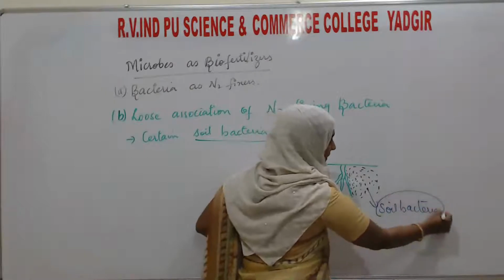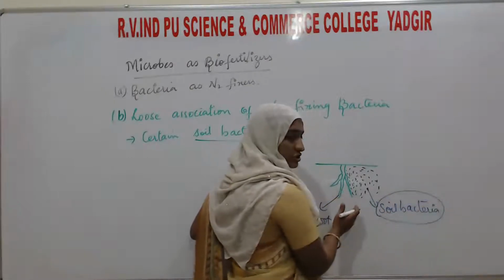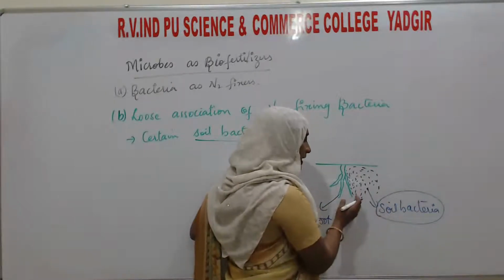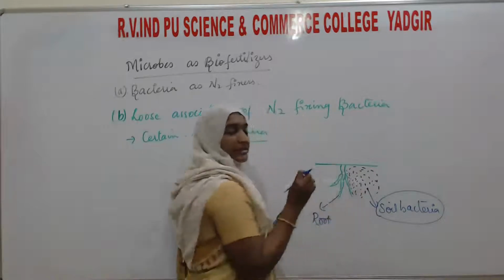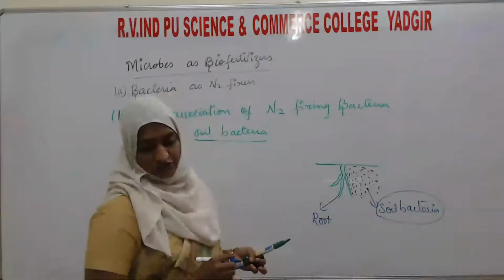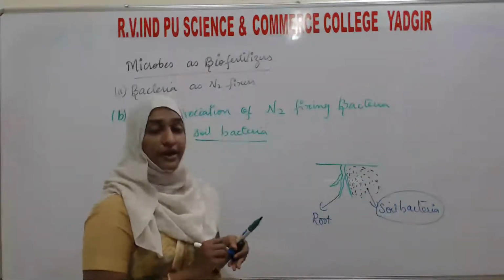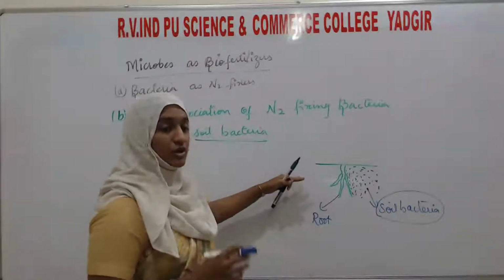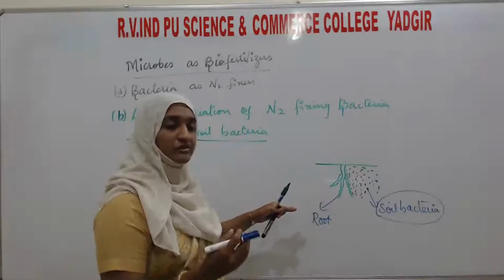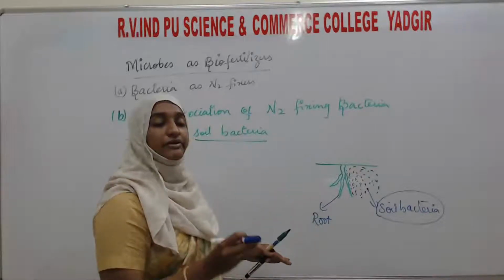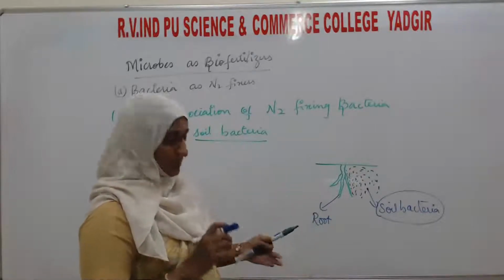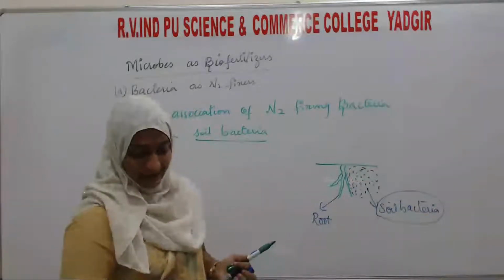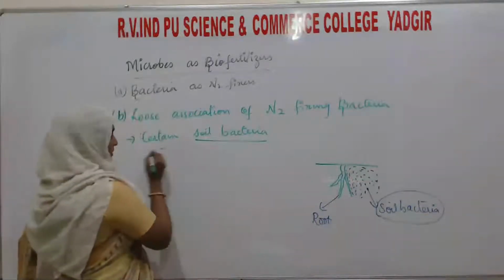The soil bacteria are in a very close association with the roots. In which type of plants do you find these bacteria living in close association? That is in cereals and grasses.